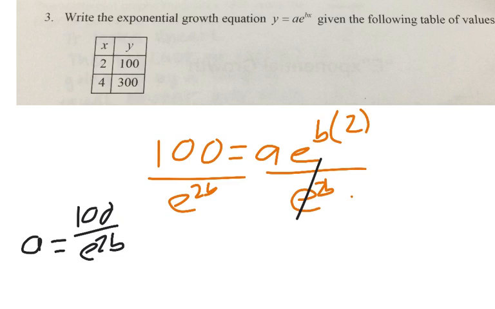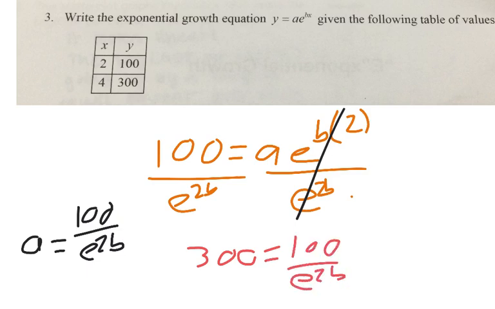System of equations. So what we needed was 300 equals A, which is 100 over e to the 2B, times e to the B times X, which this time is 4. Did I do too many steps at once?